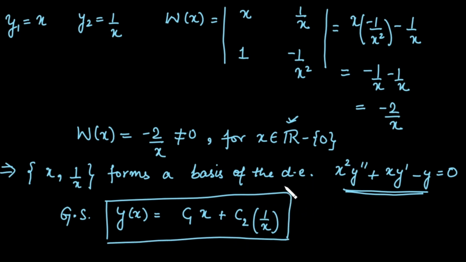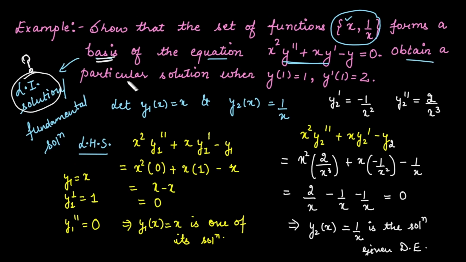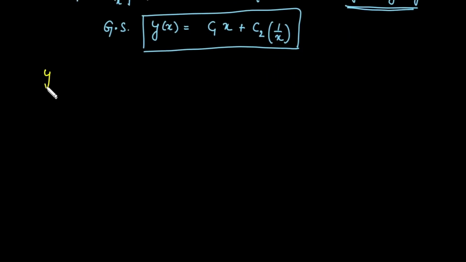Now there was a second part of this question: obtain a particular solution when y(1) is equal to 1 and the derivative of y at 1 is equal to 2.